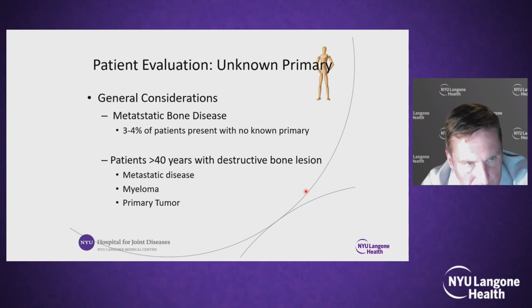A few patients a month get sent to me for some abnormal x-ray, a destructive lesion of bone with no known history of cancer. So what do we do about it? Again, anybody over the age of 40, and unfortunately I've even seen people in their 30s, come in with aggressive appearing metastatic lesions of bone. So anybody with these destructive, aggressive appearing lesions, you have to be concerned about metastatic disease.